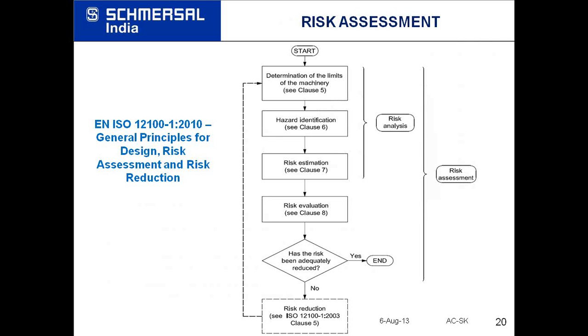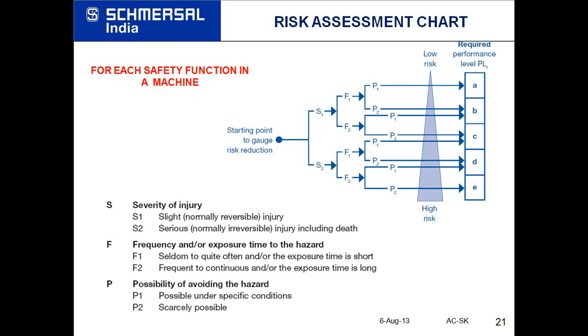So this is the risk assessment chart, you can say. There are 3 parameters on which the risks are evaluated. The first is severity of injury. The second is frequency or exposure time to the hazard.